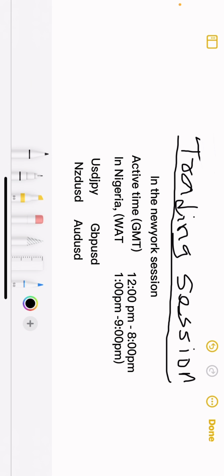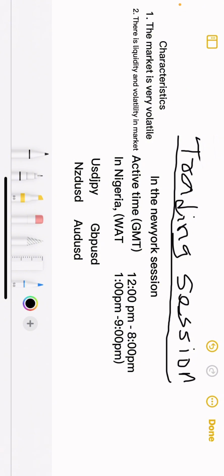And during this session, the market is very, very volatile. It gives you, because of too much liquidity in the market, and there is also volatility. Do you understand? The market is volatile due to this liquidity. When the market is volatile, that means there is movement. The movement of price is very fast. Okay, there is volatility, and there is liquidity.